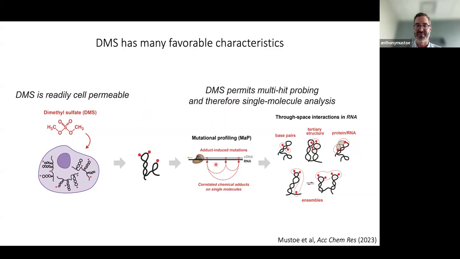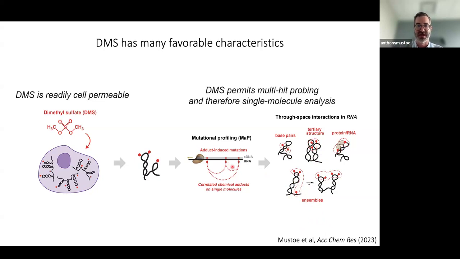And that allows us to then measure these correlated modification events that tell us higher order information about structures, like tertiary structures or direct base pairing interactions, and also things like ensembles. So we published a review with Kevin Weeks a few years ago, talking about this approach.